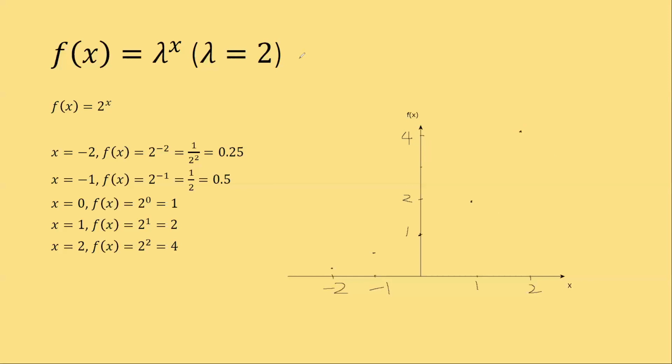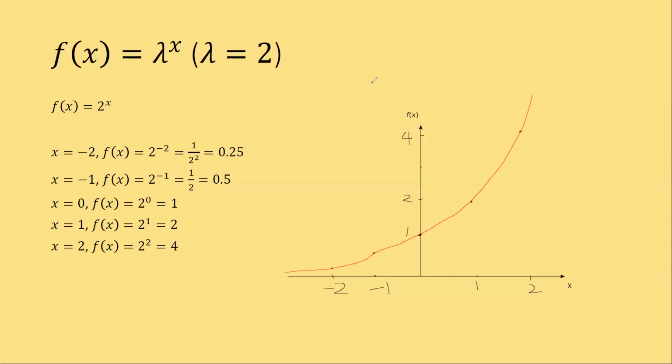So connecting all those points, the graph of this f(x) function will look something like this. It is a convex function that becomes steeper and steeper as x becomes larger.